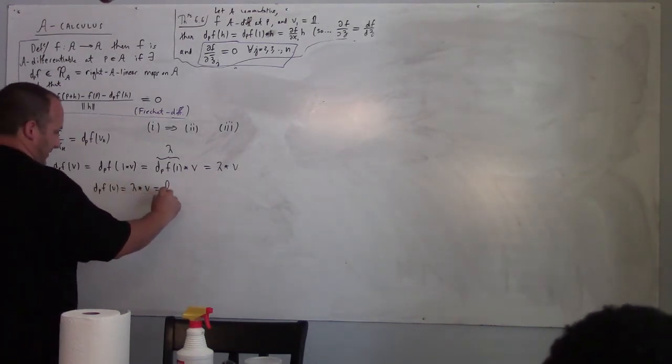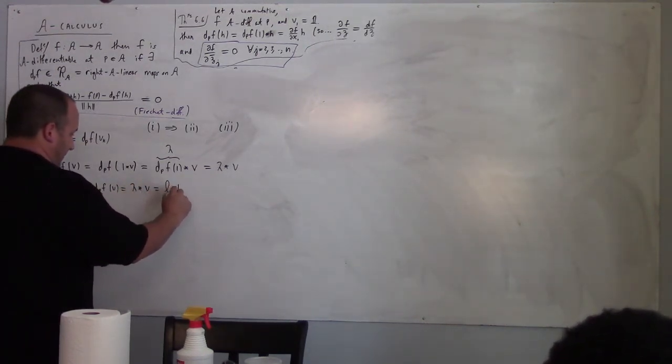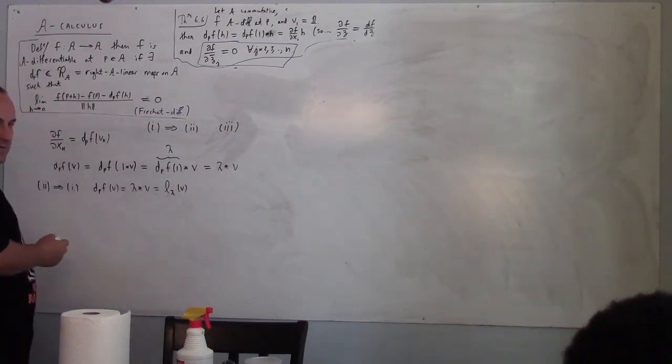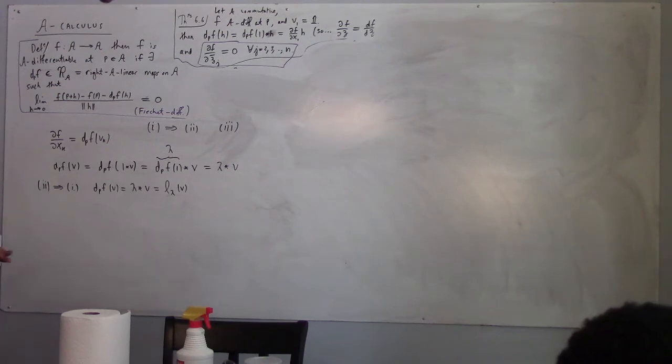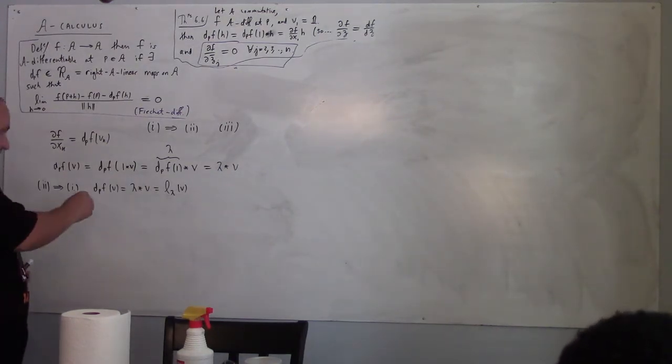So that's L lambda of v in our previous notation, right? But we discussed previously that left multiplication by lambda is a right linear map. Of course, I'm being stupid, it's just as easy to prove right linearity directly, right? It is literally this much writing.